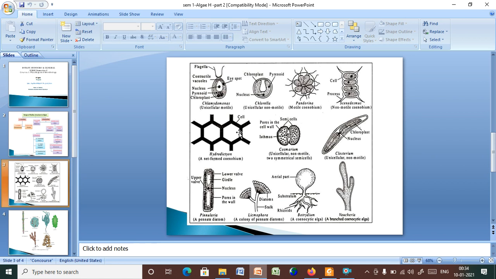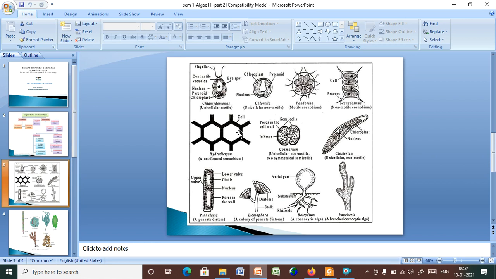These filamentous structures may be definite in length. The filaments are sometimes differentiated into base and apex, and sometimes they do not develop this discrimination. The filamentous type may be branched or unbranched.